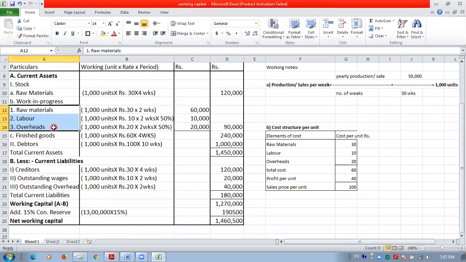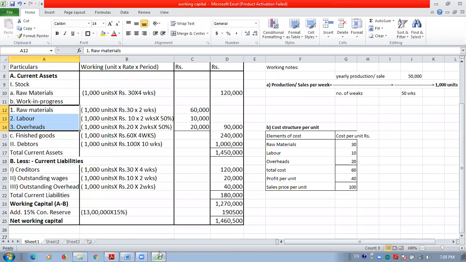Once the production is complete, only at that time it is 100%, right? So for calculation purposes we are assuming that labor and overheads are applied on work in progress up to 50%. And likewise we calculated this 50% labor and overheads, that is 10,000 and 20,000.